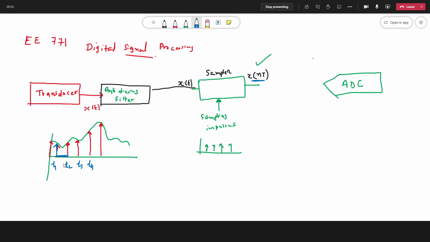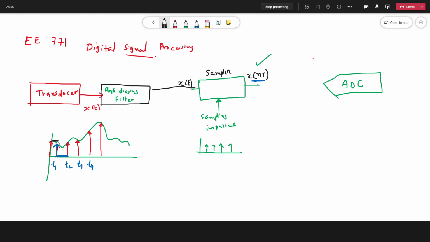So we need to hold it, and it is even better to hold it up to the next sampling instant, so that even if the ADC takes more time, the signal will still be available to it. So we need to hold this signal up to the next sampling moment.